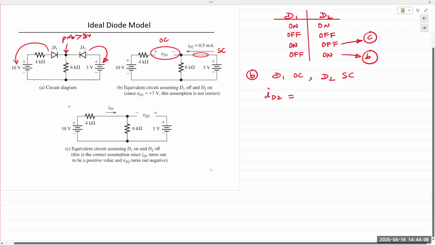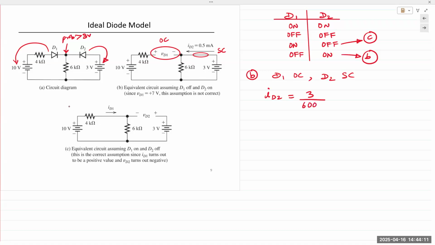And so I can find ID2 as 3 volts divided by 6,000, so 0.5 milliamps. Current ID2 is positive, and because it's positive, therefore D2 is on. At least one half of my assumption is correct.